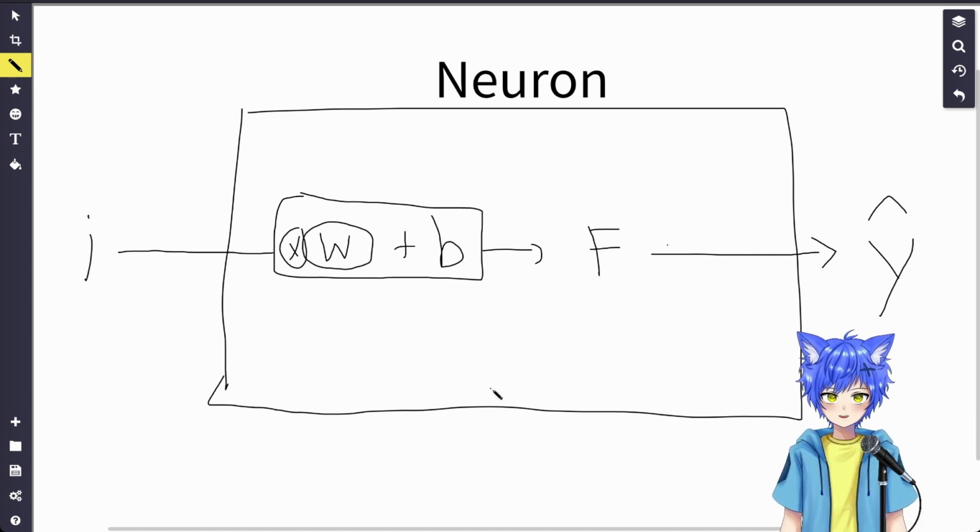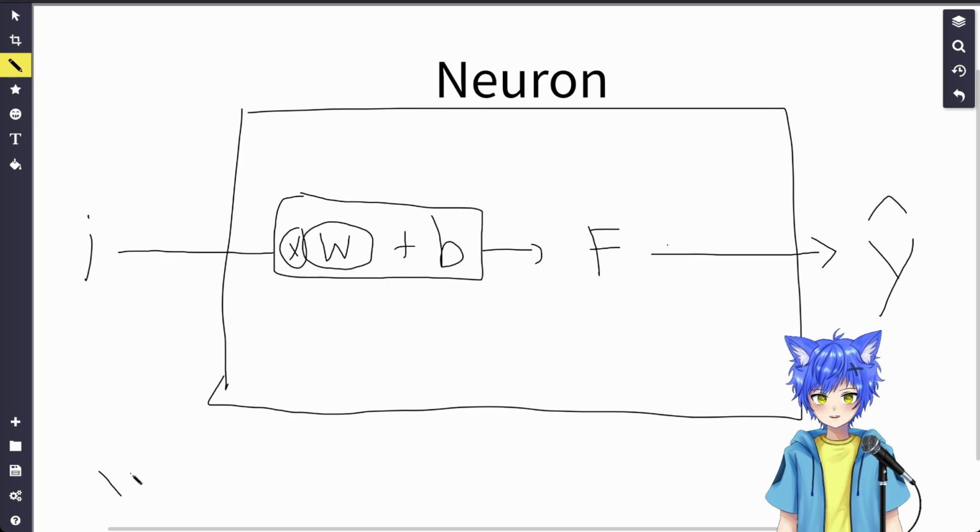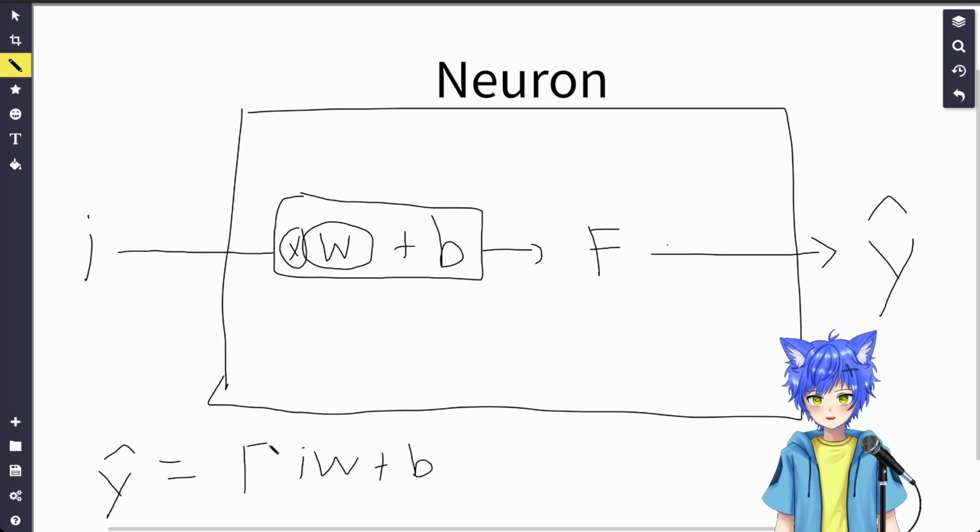Now, in mathematical terms, it will look something like this. The output, Y hat, would be equal to the multiplication of the input I and the weight W added on to the bias B and put into a function called F.